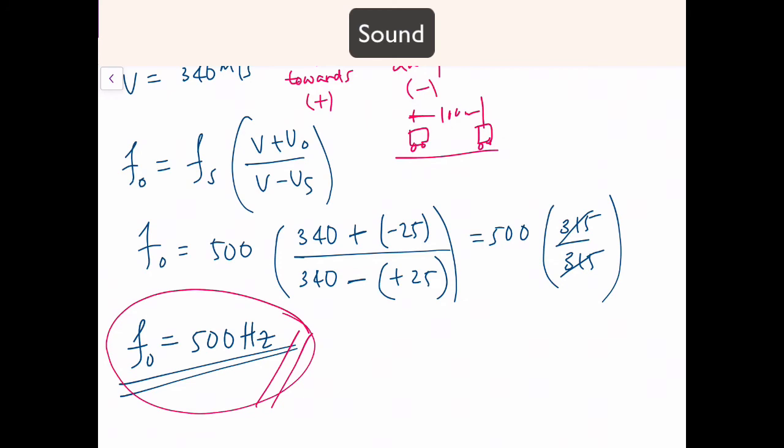After the second, the gap between them is still 100 meters. So the wave crosses that are traveling right from the source towards the observer are going to be the same. He's going to encounter the same number of wavefronts as if those two are basically standing.